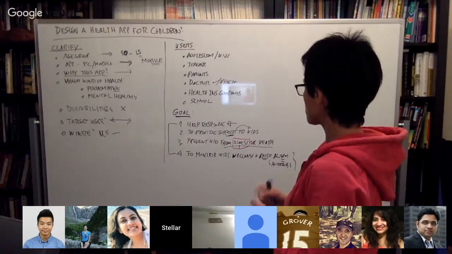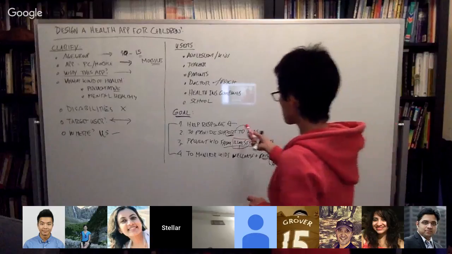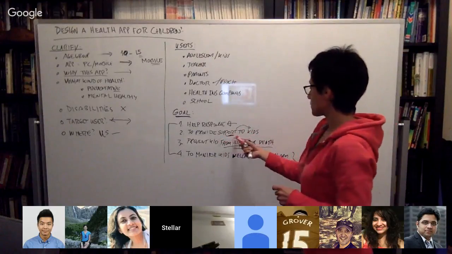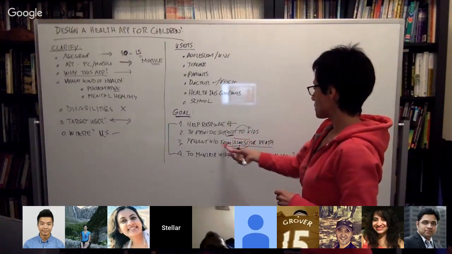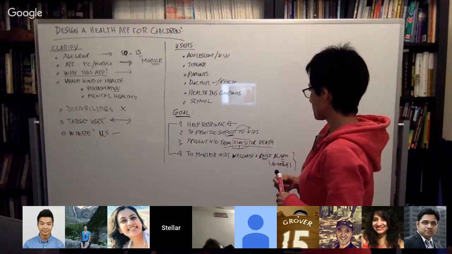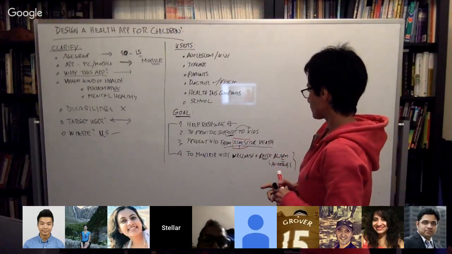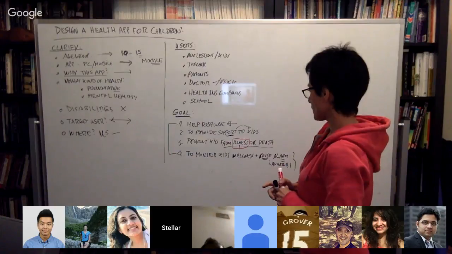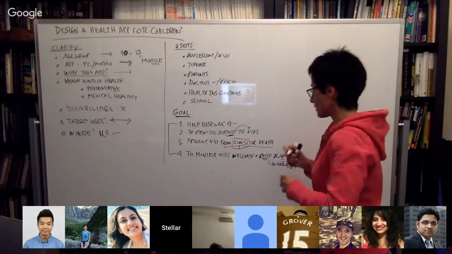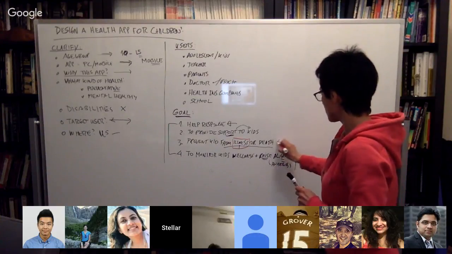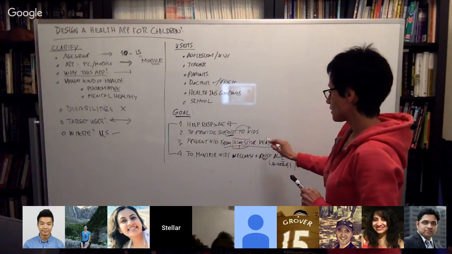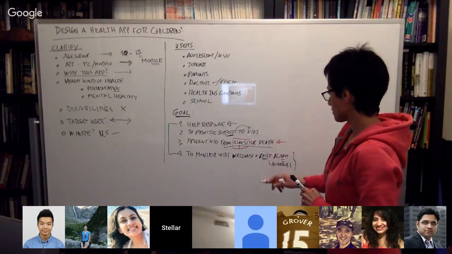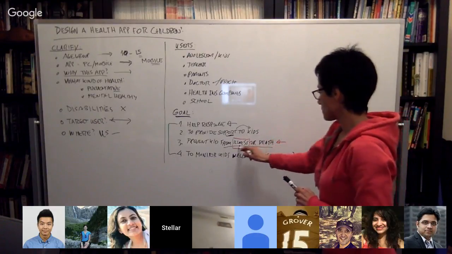So all these things: health response, monitor the kid, provide support to the kids, prevent kid from illness or death. I think, for example, this one that I wrote here encompasses providing support, because this could be mental illness.